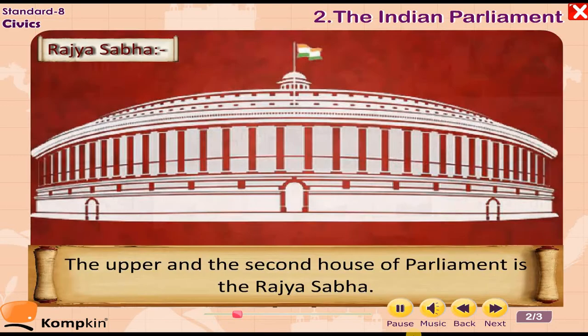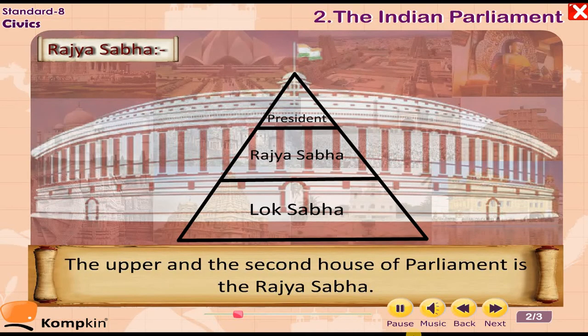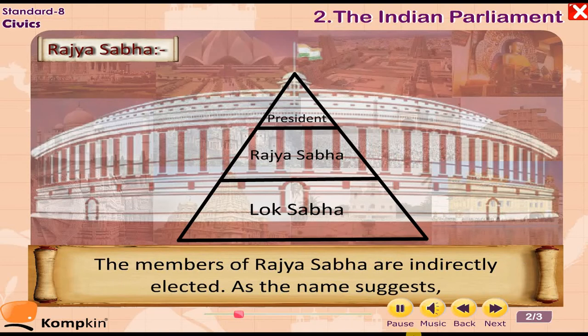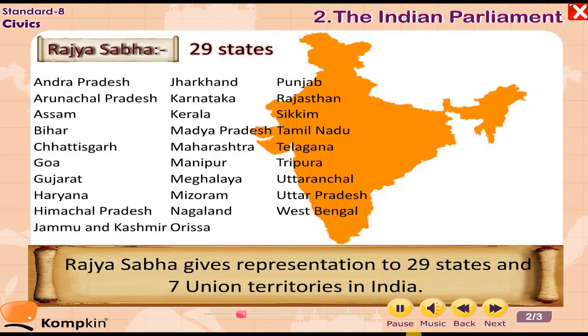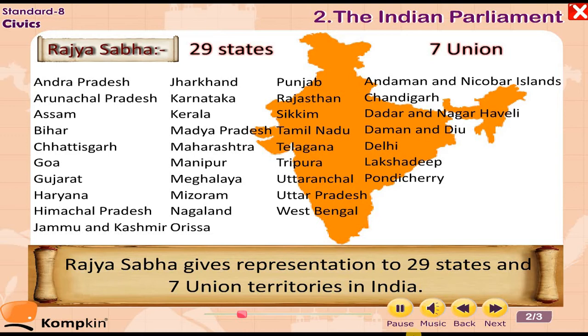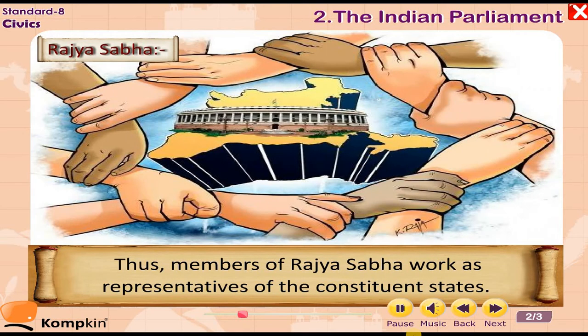Rajya Sabha. The upper and the second house of Parliament is the Rajya Sabha. The members of Rajya Sabha are indirectly elected. As the name suggests, Rajya Sabha gives representation to 29 states and 7 union territories in India. Thus, members of Rajya Sabha work as representatives of the constituent states.